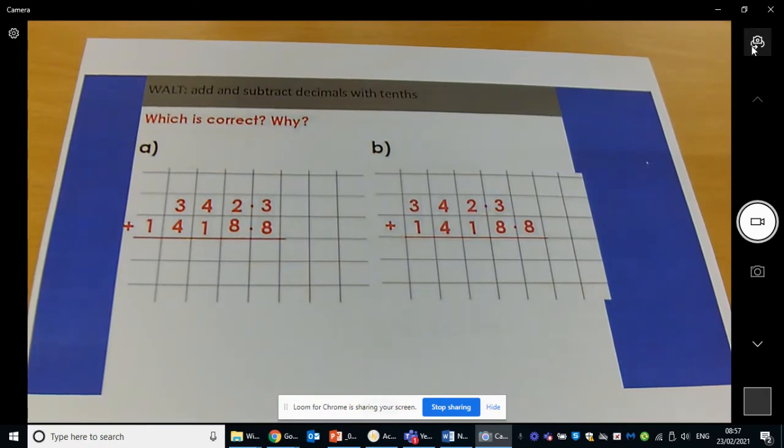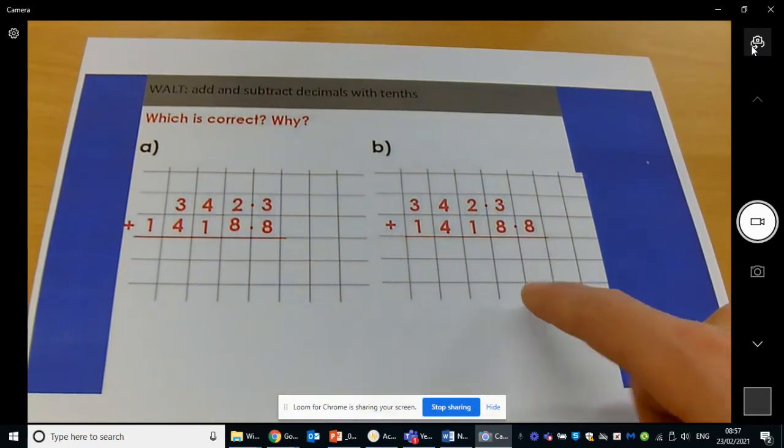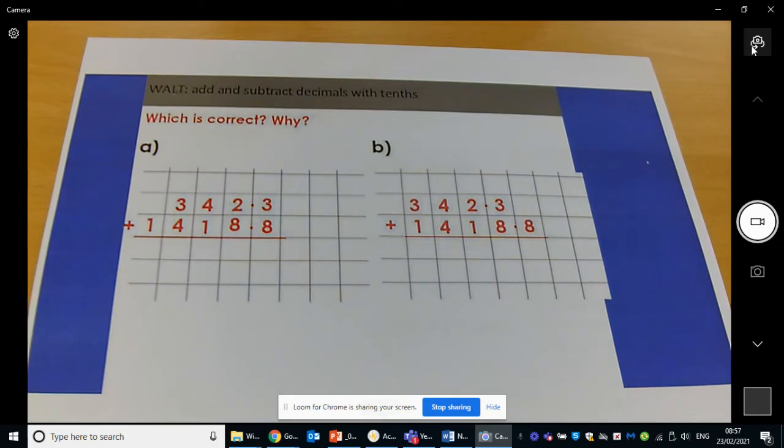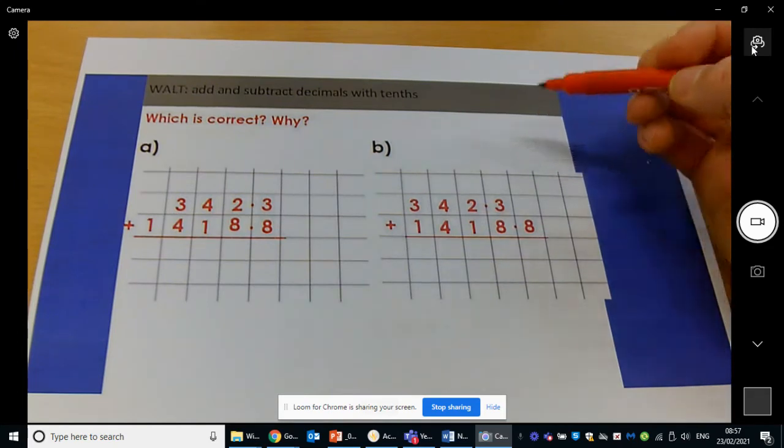All right, so hopefully you've had a look at them, and you can tell instantly, without really giving it too much attention, that A has been set up correctly. What's the mistake that they've made on B? The mistake they've made is that the place value is completely off.